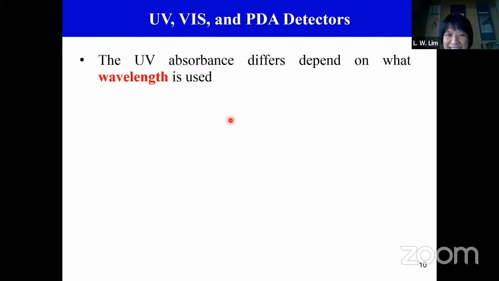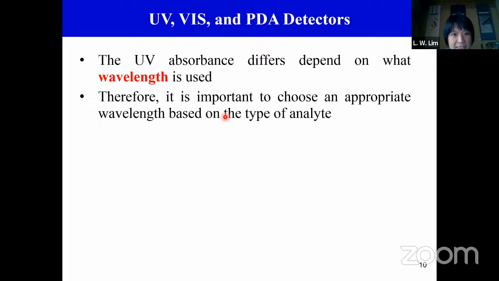But the important thing to remember is to set the correct wavelength, because different samples have different absorption wavelengths for UV, so they will have separate spectra.